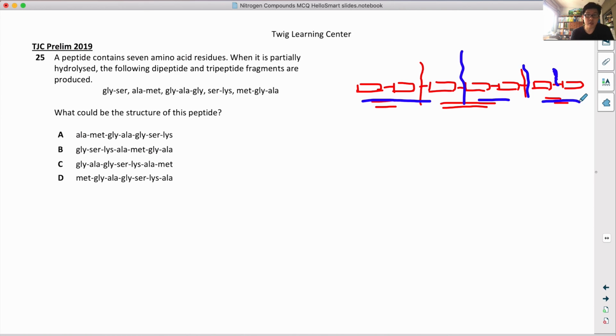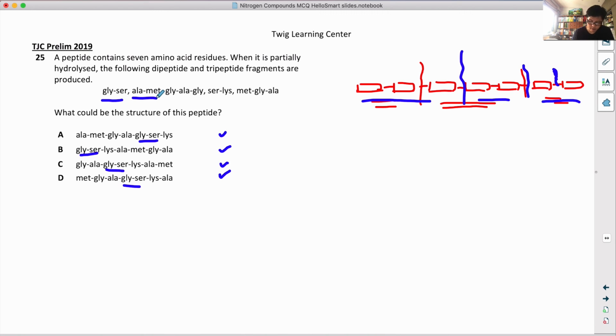So what could be the structure of this peptide? I'm going to look up whether this dipeptide is present in any of them. Gly-Ser, I can see it over here, Gly-Ser, which means it's still possible for all of them. So I do some elimination.